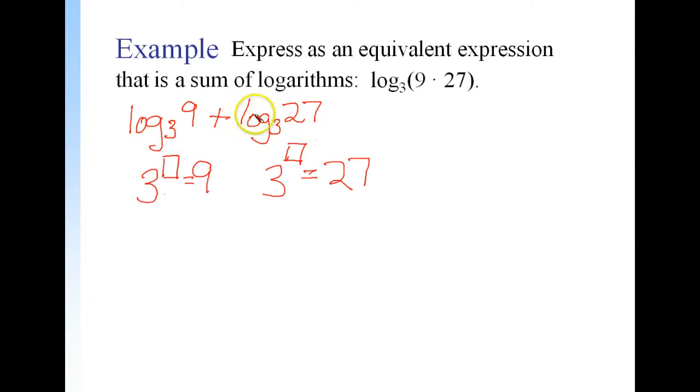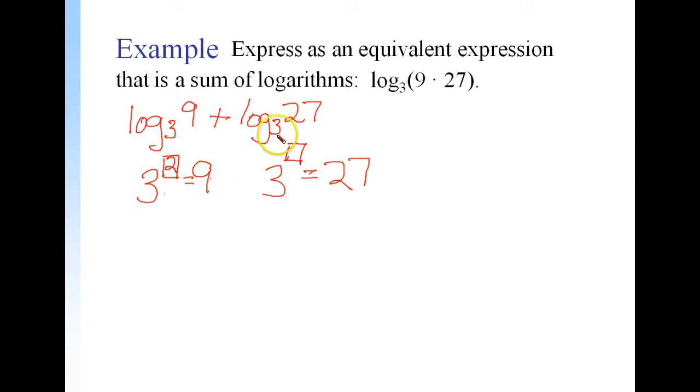And teasing this apart for you, reflecting on what we did in section 9.1, this is our base 3 that will be raised to some exponent to give us 9. So what will the exponent be? 2.